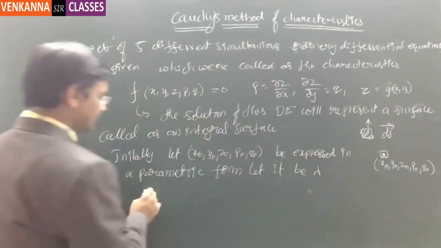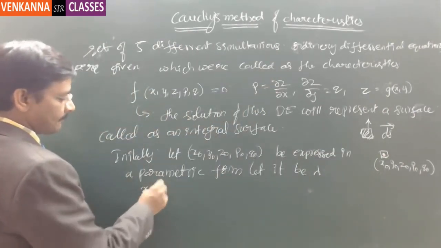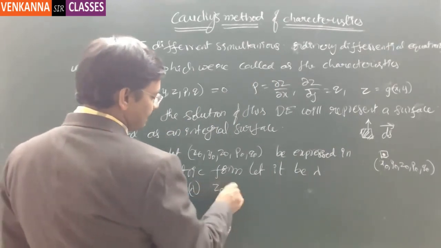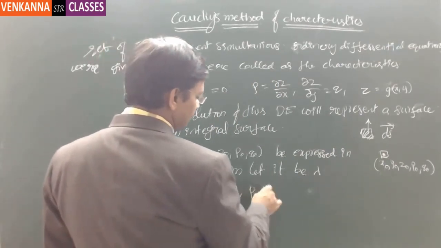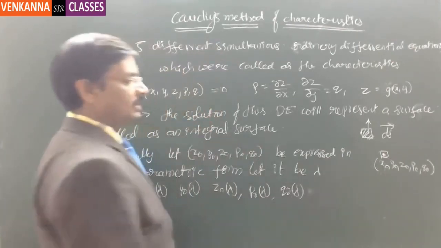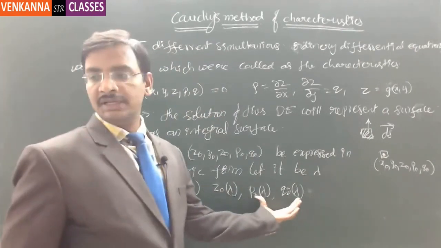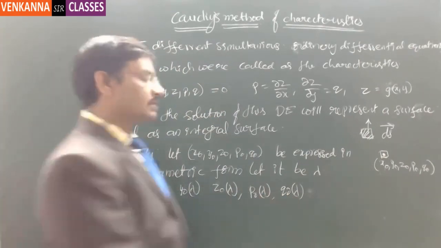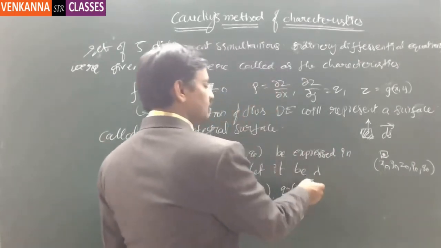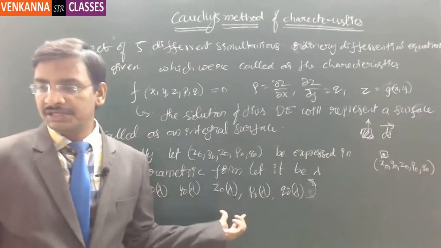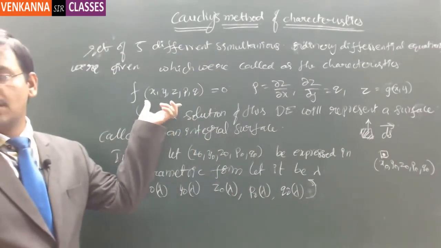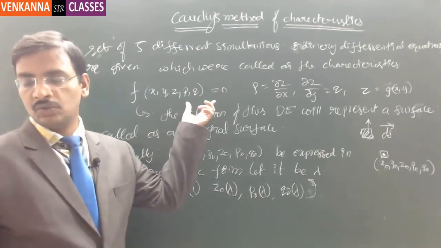That means x naught is expressed as a function of lambda, and y naught, z naught, p naught, and q naught are also expressed in terms of lambda. These are nothing but the parametric form, right? This parametric form of the initial conditions is going to be applied on the original equation, that is f of x comma y comma z comma p comma q, right?